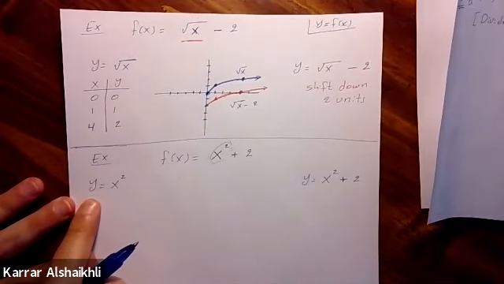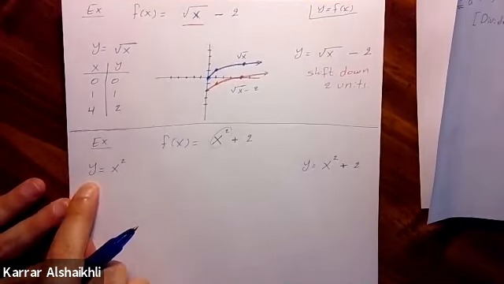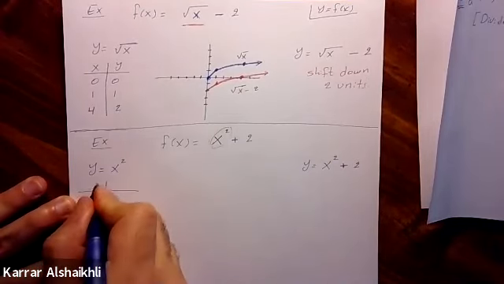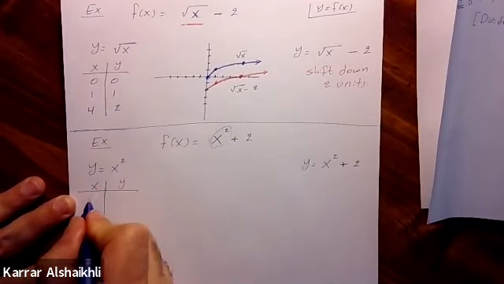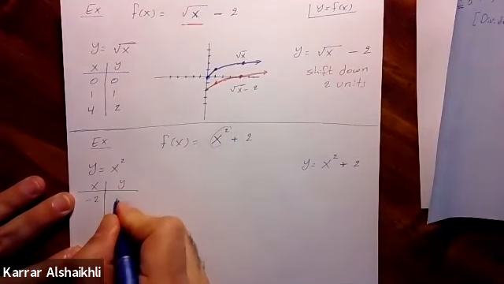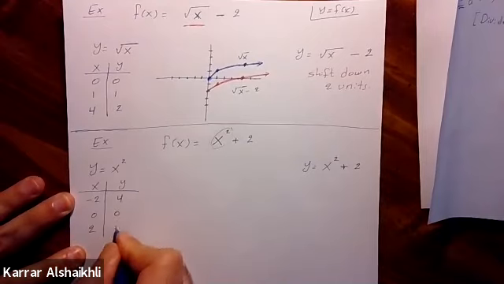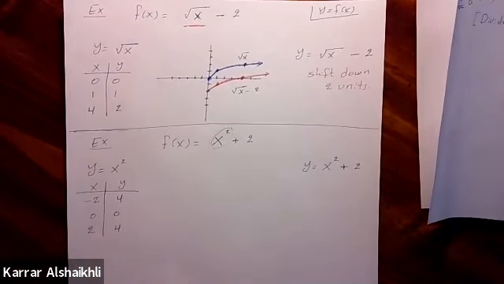Then how do we graph this one? I already gave you the points to graph this parent function. x, y: -2 gives 4, 0 gives 0, 2 gives 4. I gave you the points yesterday.